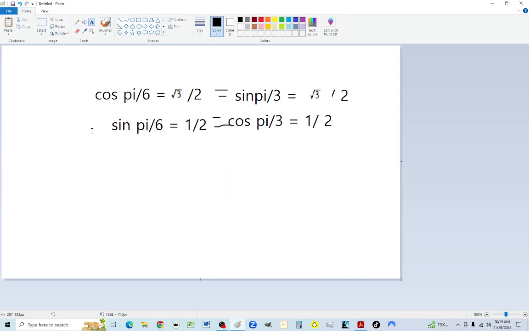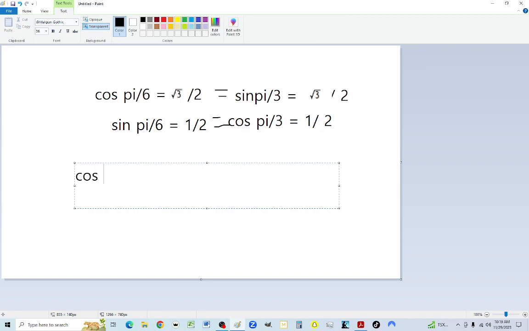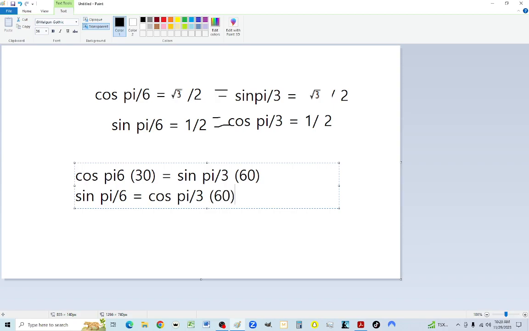So that means that cosine of pi over 6, and remember that's the same as 30 degrees, is equal to the sine of pi over 3, which is the same as 60 degrees. Notice they both add up to 90. And that means the sine of pi over 6 is equal to the cosine of pi over 3, which in this case is 30 degrees and 60 degrees.